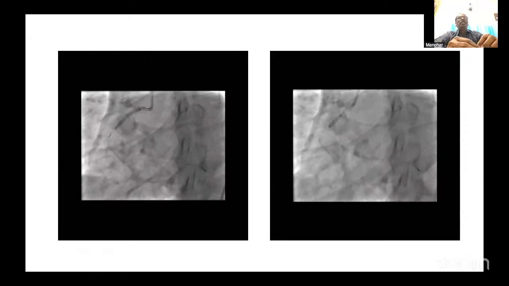So, okay, I just wanted to know, what is the strut size in comparison to Resolute Onyx or Giant Prime or Expedition? Yeah, that's a good question. In left main, this stent expansion is a little bit less actually.